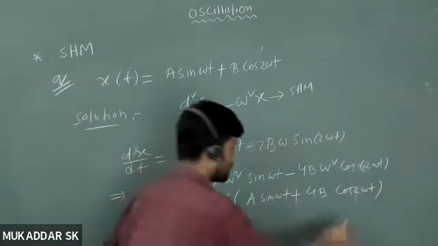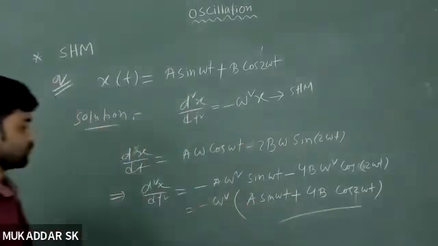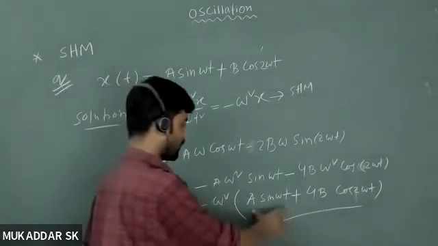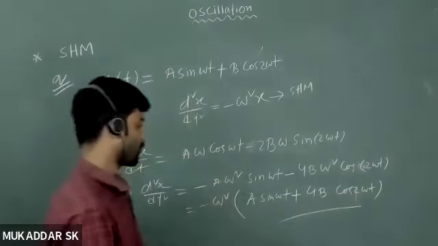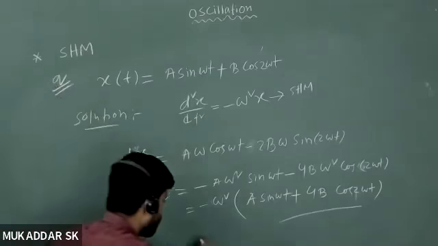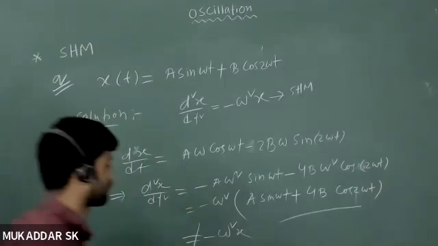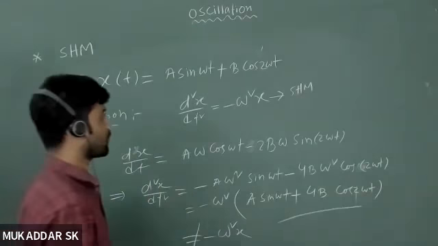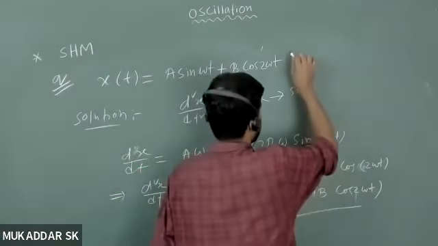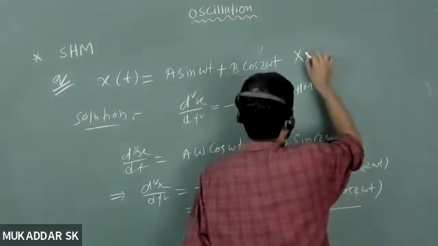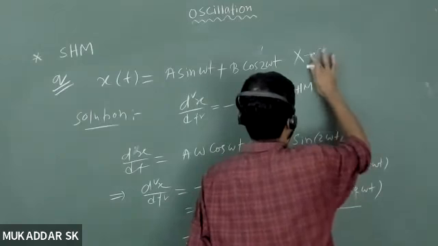This is not x, because x is a sine omega t plus b cos twice omega t. So you cannot write it as minus omega square x. That's why this equation does not represent simple harmonic motion.